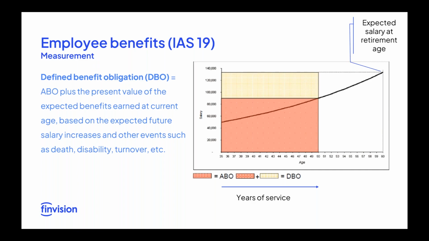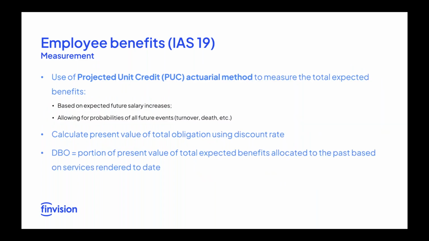He already earned 20 years divided by the total 30 years to work, to reflect only 20, still 10 to go, and discount that back using the discount rate to the age of 50, to today. So 10 years of discounting. And that will reflect the yellow part that we have recognized. So in the incremental, we recognize 20 years discounted back in addition to the accumulated benefit obligation.